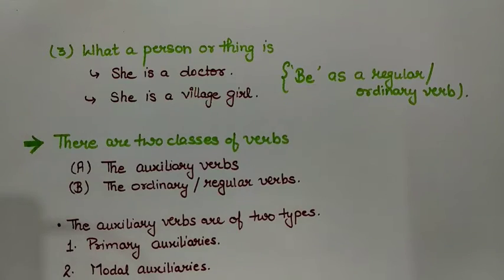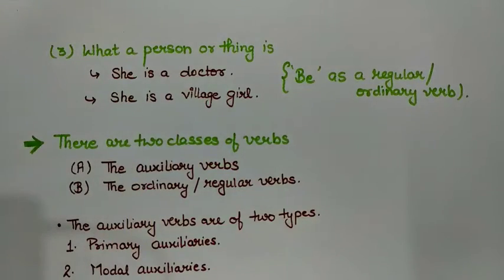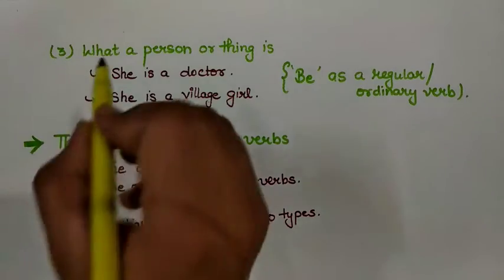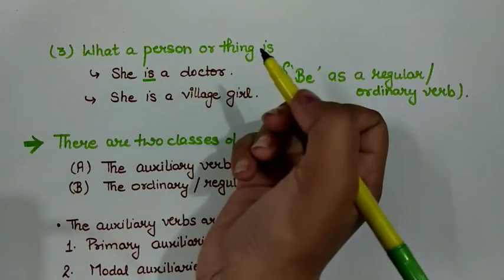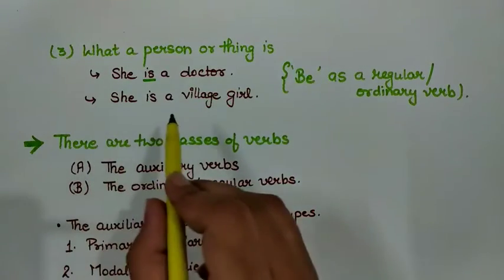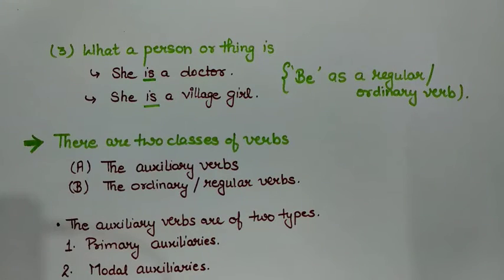A verb also tells us what a person or a thing is. Can you identify the verb in these sentences? The first one is, she is a doctor. Can you identify the verb here? The verb is is. Similarly, in the next sentence, she is a village girl, is is a verb.